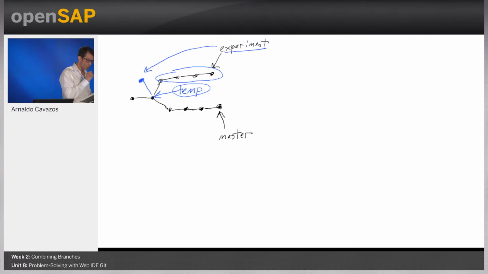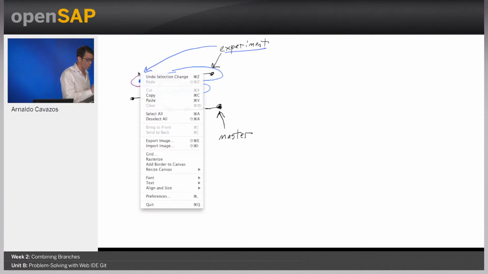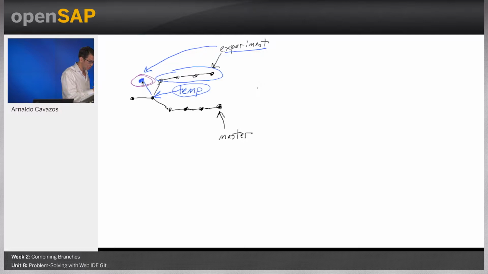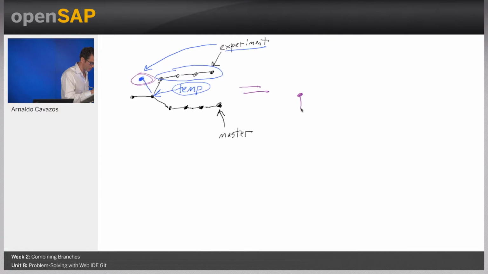Step 2, and I'll change pen color to purple for step 2, is you rebase from temp onto master. I'm sorry, you rebase from experiment onto master. At this point, you only have one commit to rebase. So let's redraw this. I'll skip the temp branch because we can delete that as soon as we're done with it.